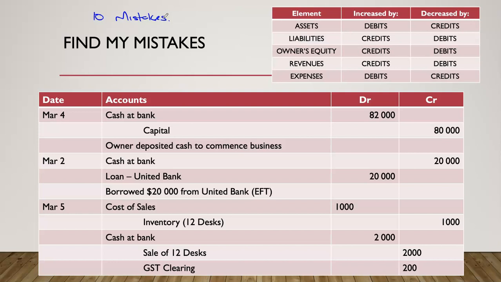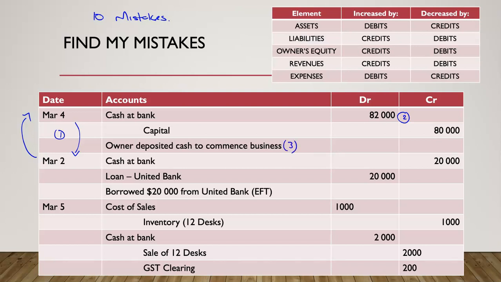So hopefully you've identified the 10 or at least had a crack. Really quickly, what are my issues here? Number one, I hope that you recognize that the dates are not in chronological order. Number two, in this transaction, my debits do not equal my credits. 82 does not equal $80,000. What else is wrong here in my first transaction?